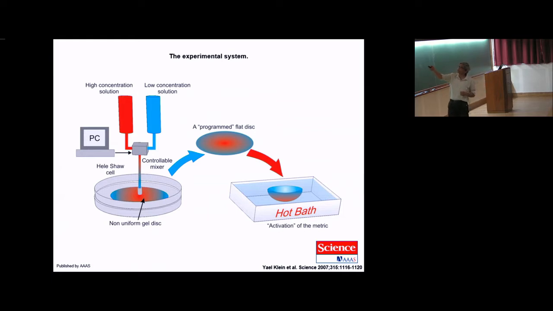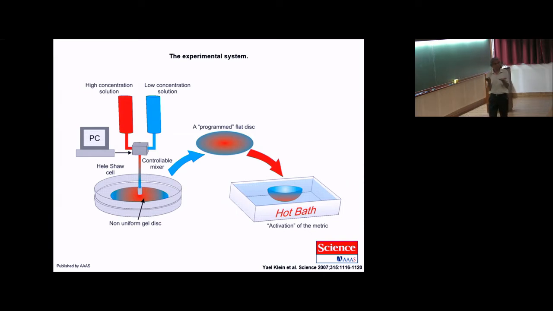Suppose this is monomer A and this is monomer B, just like acrylamide and bisacrylamide, the derivatives of that. And while mixing, you can change the concentration. So there'll be a concentration gradient from the center towards the periphery, such that there is more concentration at the center and less concentration at the periphery.